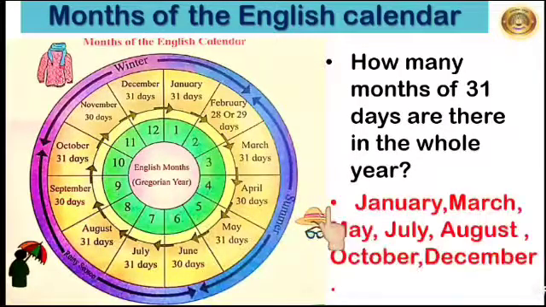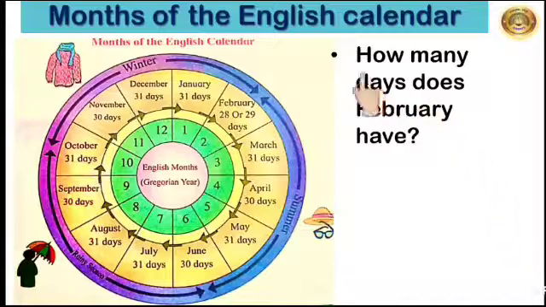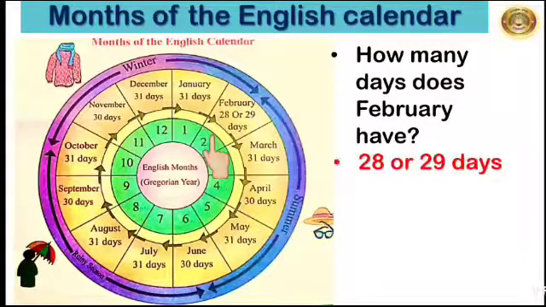These months have 31 days. Next, how many days does February have? So children, all of you know, 28 or 29 days, because this is a special month.